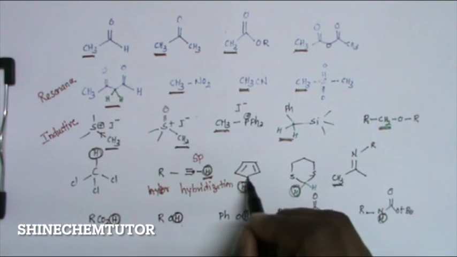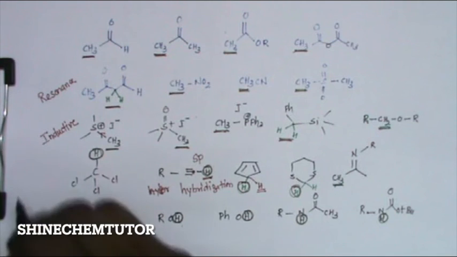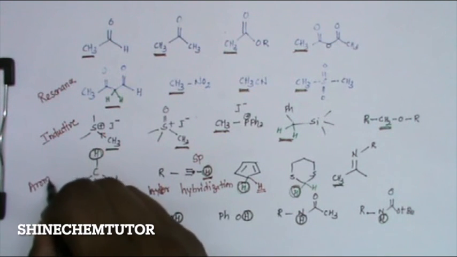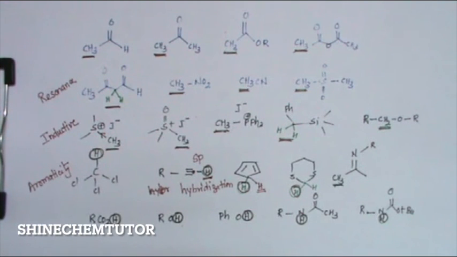In the case of cyclopentadiene, this hydrogen is acidic. The reason is aromaticity. When I remove the hydrogen, what I get is an aromatic compound. So from non-aromatic, I get an aromatic compound when I abstract the proton. Aromatic compounds are more stable and non-aromatic compounds are less stable. So non-aromatic compounds try to become aromatic by losing a proton.